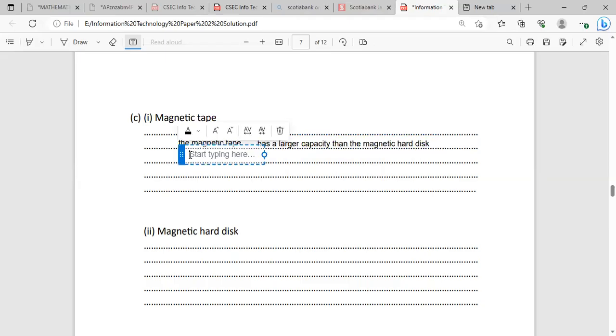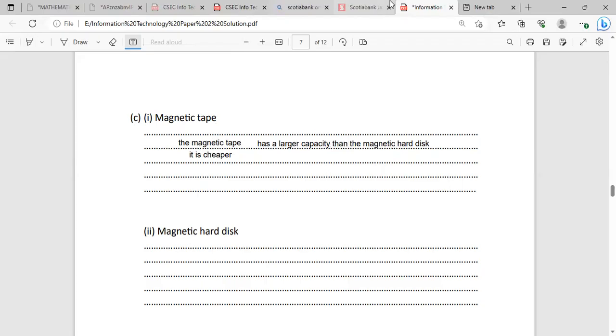Let me type it too. You never can tell, it might come in the exam. It can be two, so it's cheaper. All right, so let's look at the magnetic tape and the magnetic hard disk. The magnetic tape has a larger capacity, so it can hold more than the magnetic hard disk, and also the magnetic tape is cheaper. So not only does it hold more, but it's cheaper.